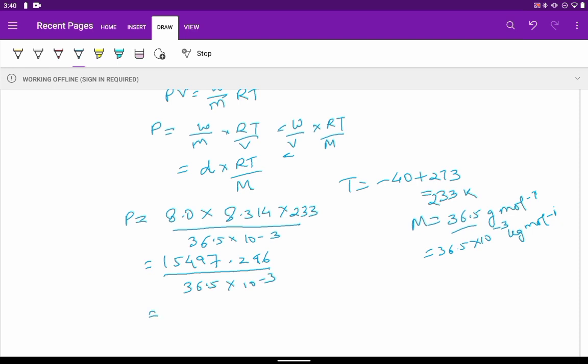On calculating all this, finally we get 424.583, we can also omit, into 10 to the power 3 Pascal. So 424.58 into 10 to the power 3 Pascal.